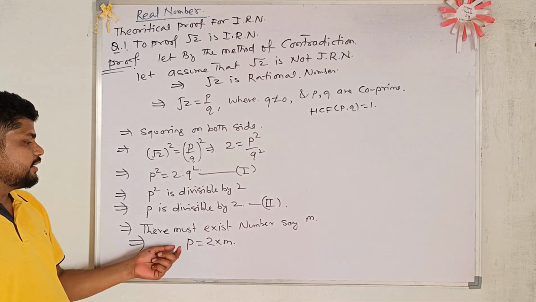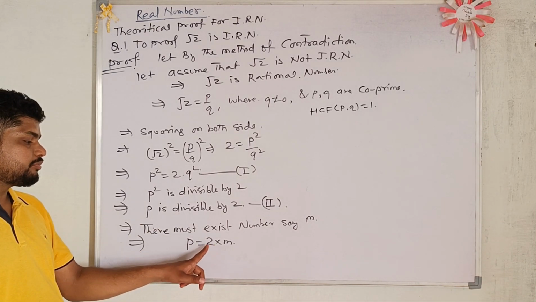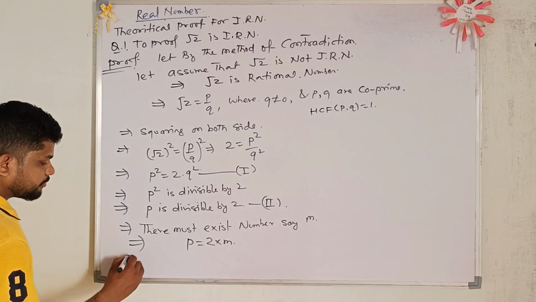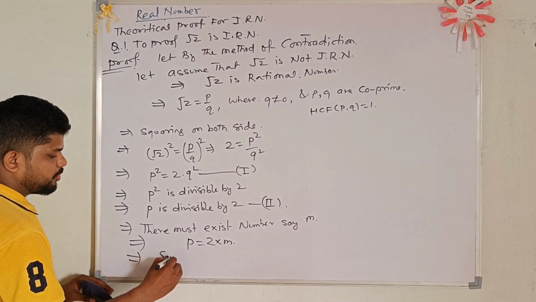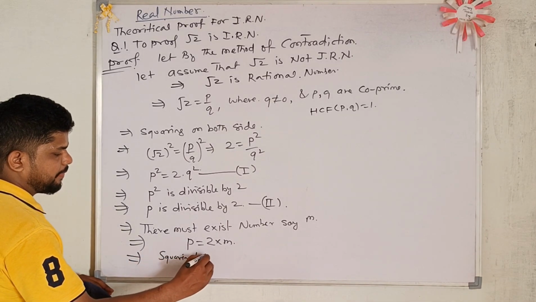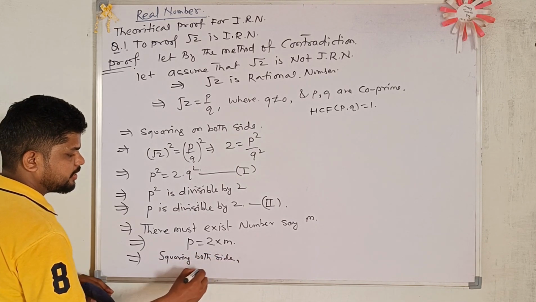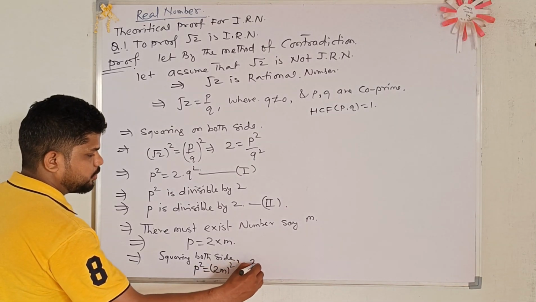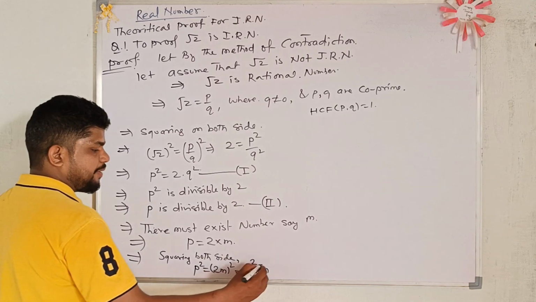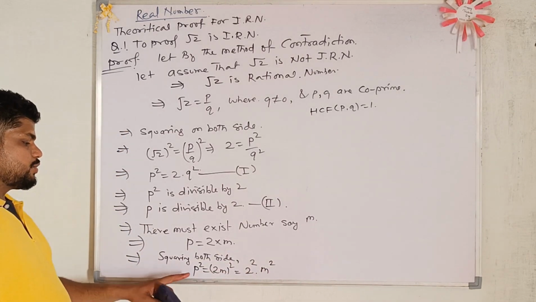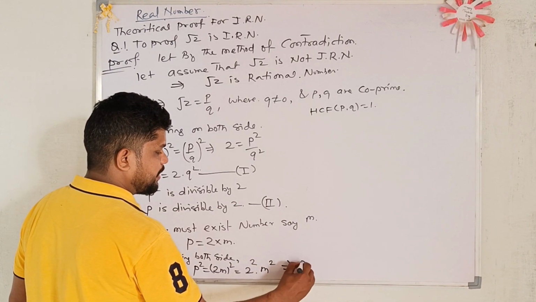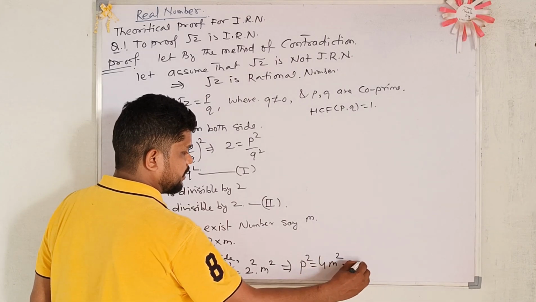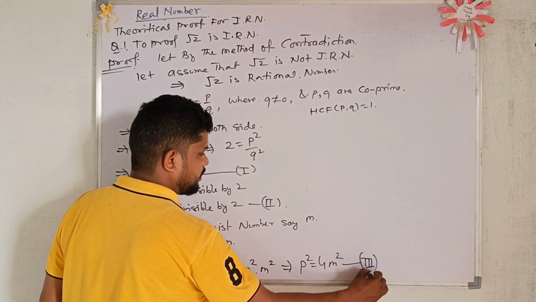So I can write p as a multiple of 2 using m. Squaring both sides, we get p square is 2m whole square, which is 2 square into m square. So I have written p square as 4 m square. Now just take it as equation number 3.